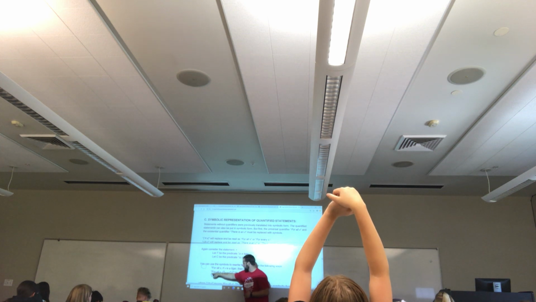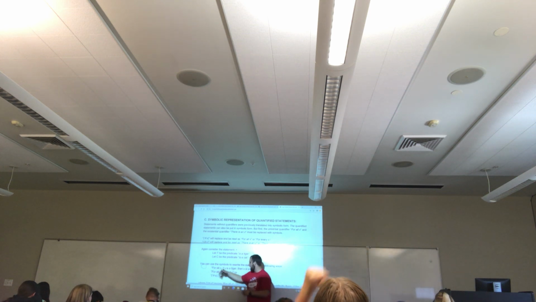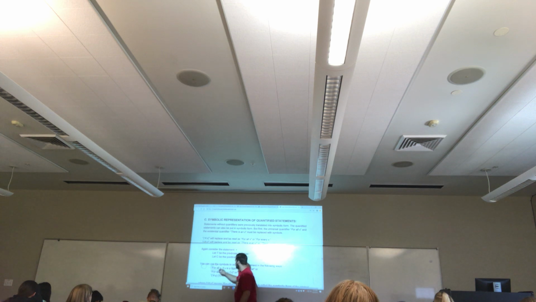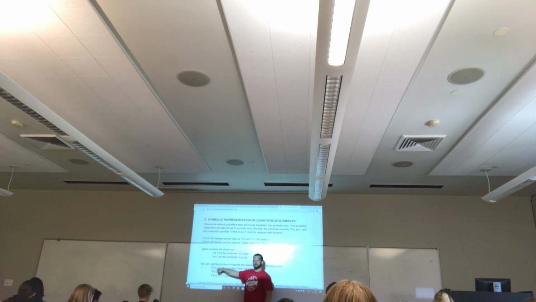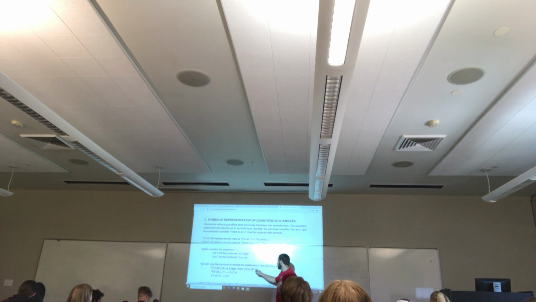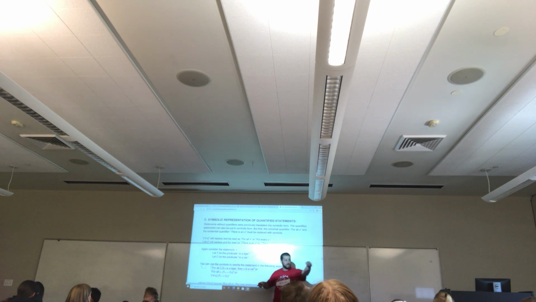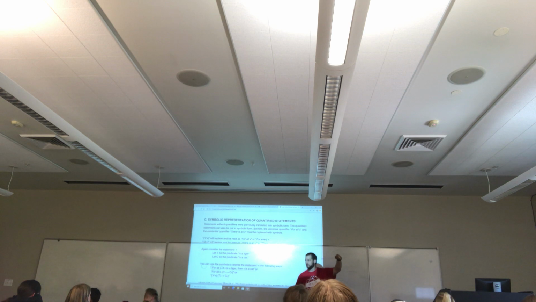Is this universal or existential? For all, we're universal, right? So we have a universal quantifier, and then what do we know this as? An if-then. What's it called? A conditional statement.